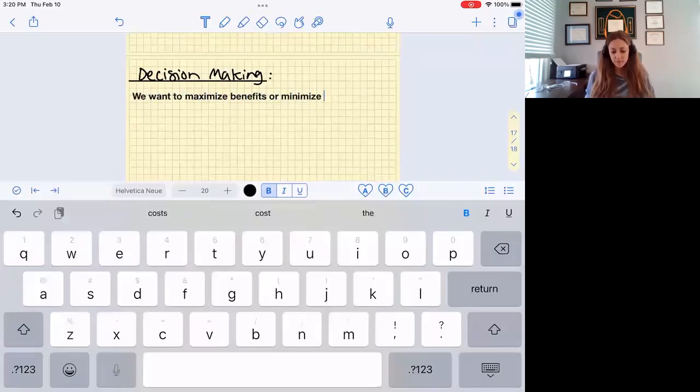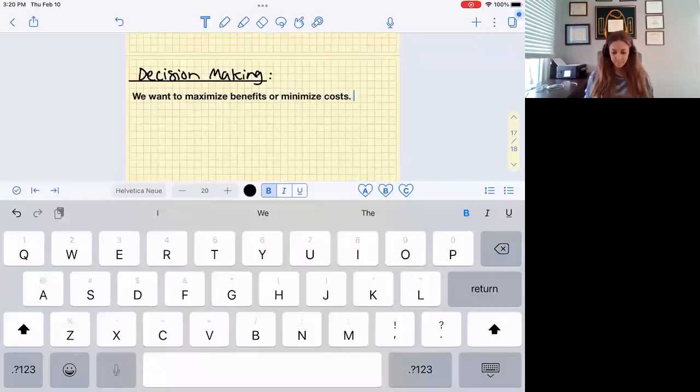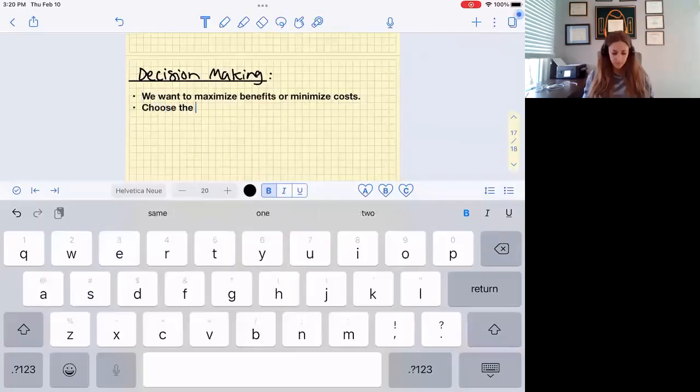If they're both benefits, we would choose the biggest one. And then we want to choose the alternative that is the most economically attractive.